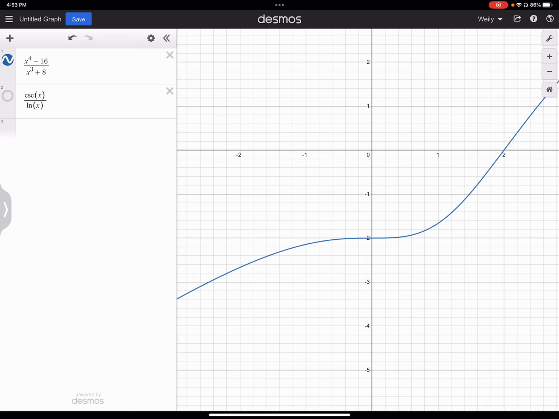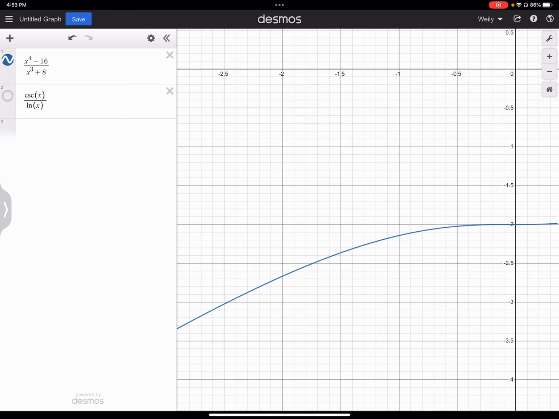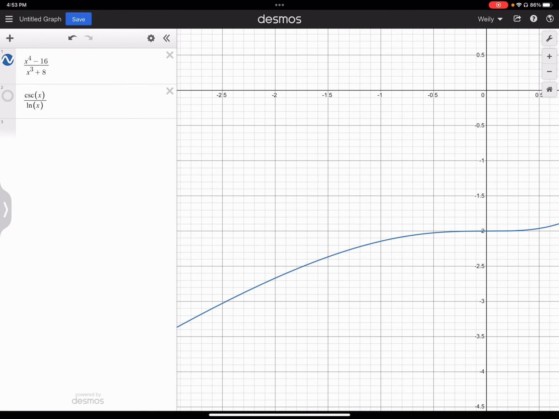We can always check our limits by graphing them. The first one, x to the power 4 minus 16 over x cubed plus 8. As it goes to negative 2, we can see it's approaching that value. If I trace along here, you can see that at that point it becomes undefined, but as x approaches negative 2, we're approaching negative 2.66 repeating, which is negative 8 over 3.